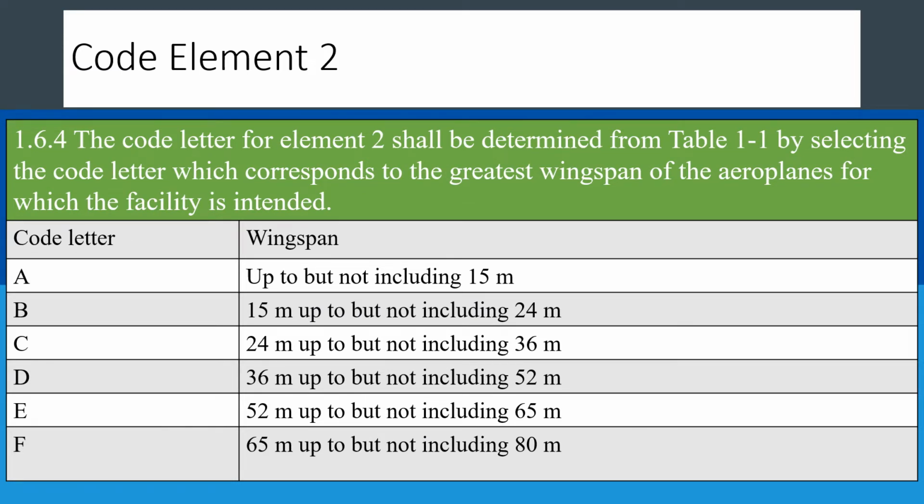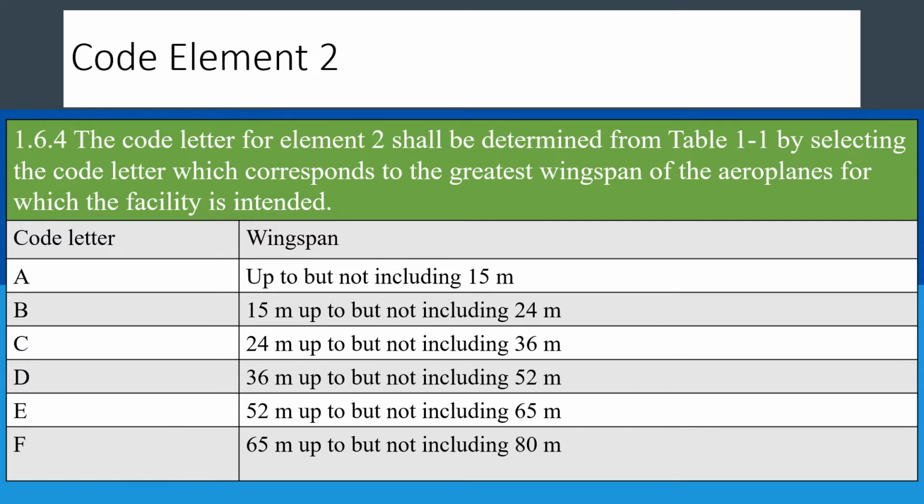The code letter for element 2 shall be determined from Table 1.1 in Annex 14 by selecting the code letter which corresponds to the greatest wingspan of the aeroplanes for which the facility is intended. Remember that in the previous lessons, we were shown how to measure the wingspan. That is the length from one tip of the wing to the other tip of the other wing.